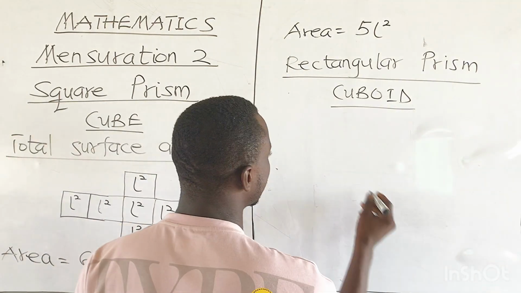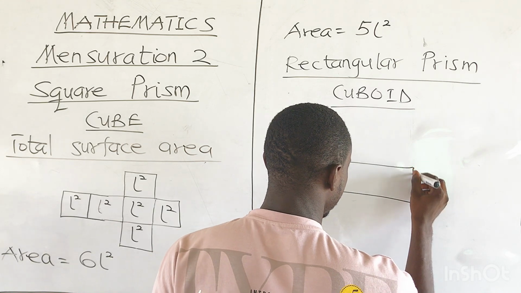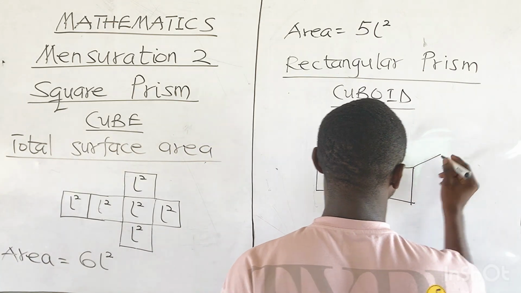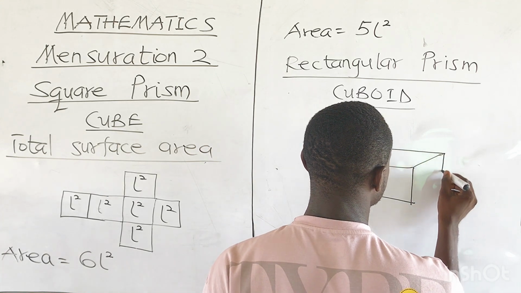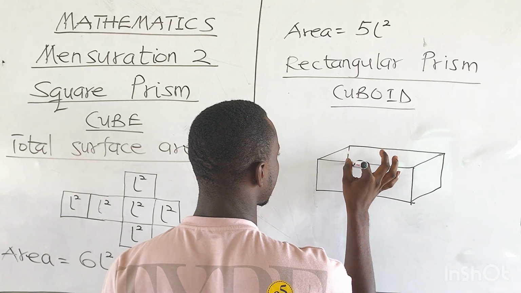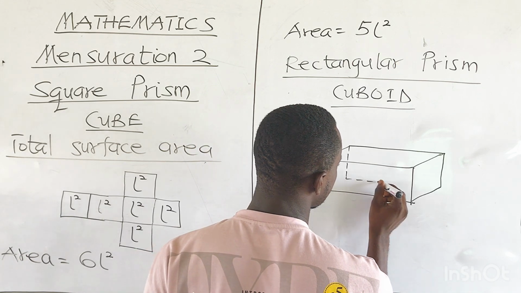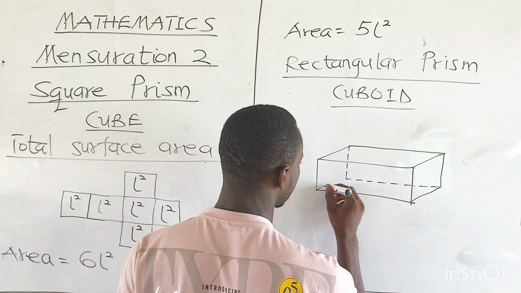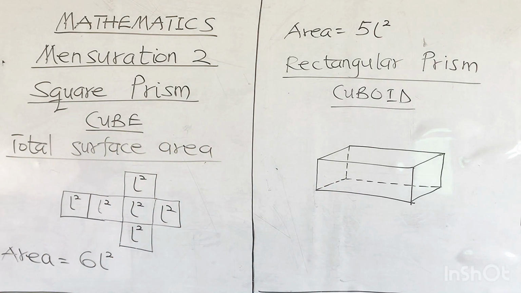So this is how it looks like. Alright, so this is a cuboid.